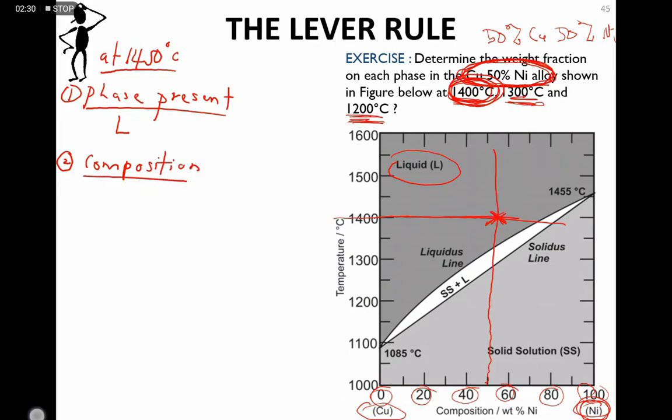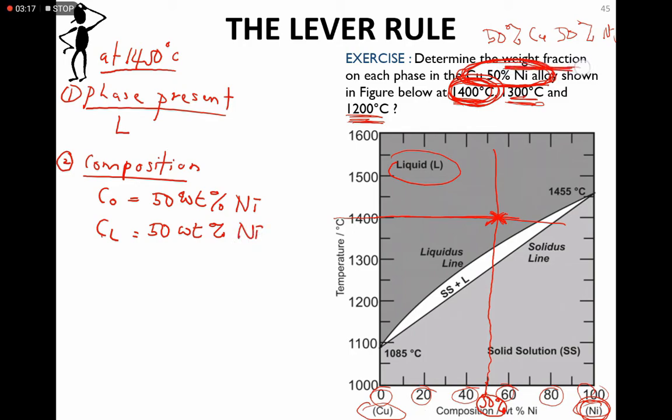For the composition, you need to find C0 and also CL. C0 is your first composition here, 50% of nickel. Then the composition of liquid is also 50% of nickel.